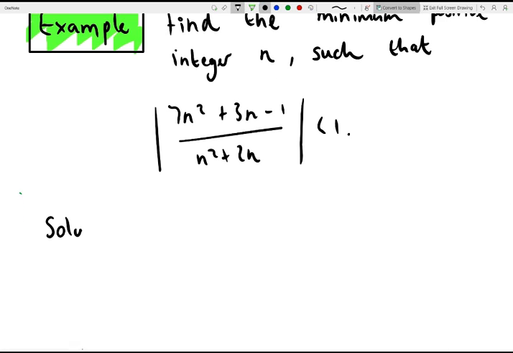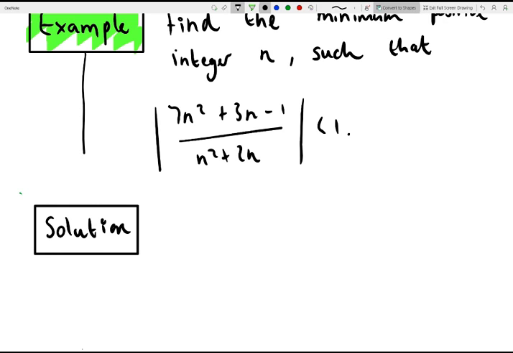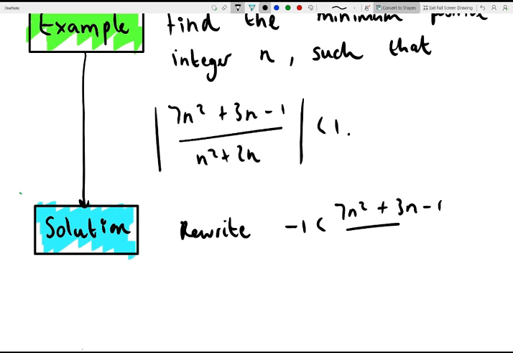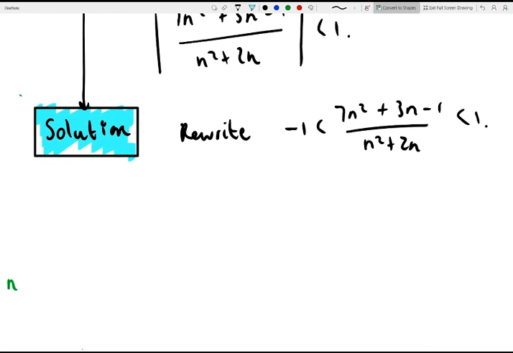And our solution to this: first of all, we have to rewrite this as -1 is less than 7n squared plus 3n minus 1 divided by n squared plus 2n is less than 1, and then multiply by the denominator of what we have inside the modulus.